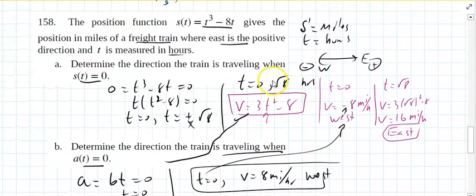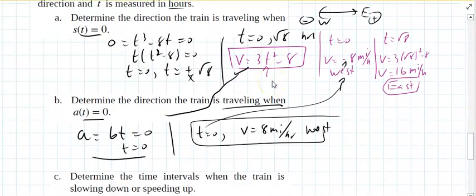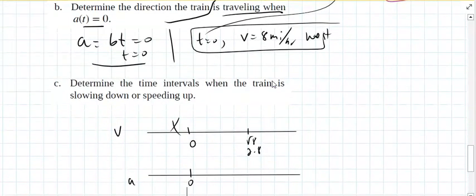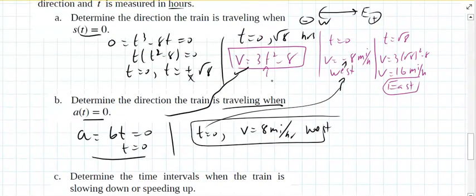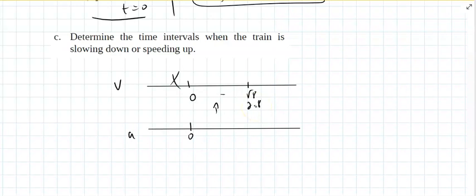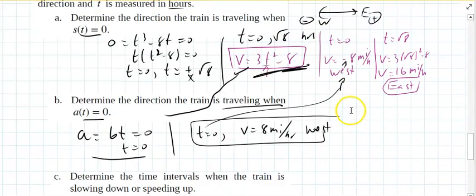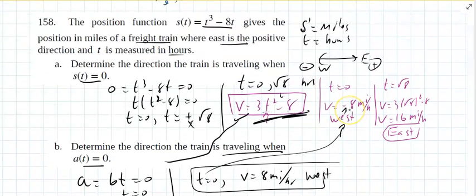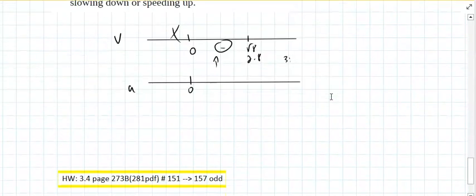Now, if I pick a point in there, say 1, and put 1 in the velocity, I'll get 3 minus 8, which is negative. And if I put a point to the right of 2.8, say 3 as a test point, 3 squared is 9 times 3, 27 minus 8 is positive.